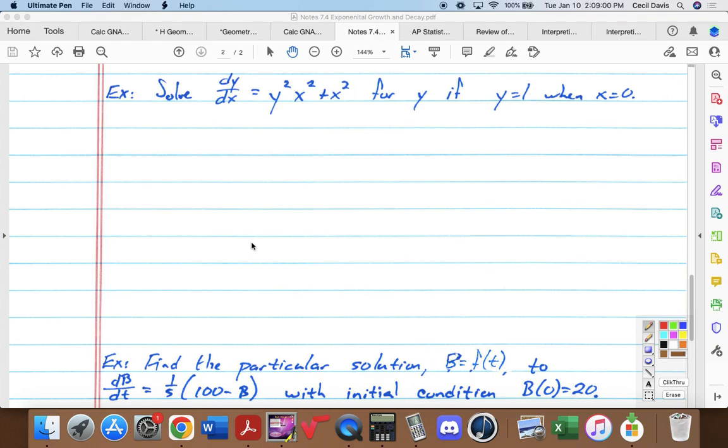Whatever shall I do? I mentioned this yesterday. Factor. Specifically, we can factor out an x squared. dy/dx is x squared times, and here's a place that students sometimes make a mistake, times what?